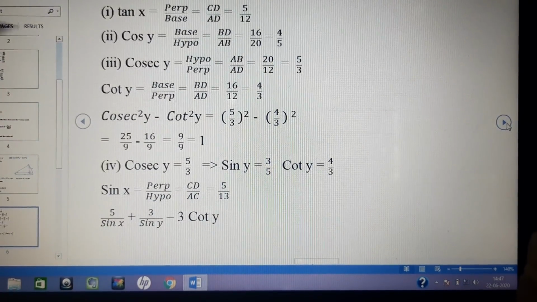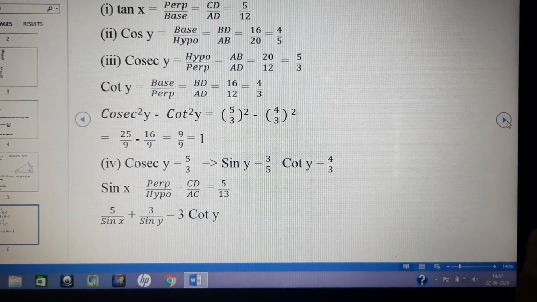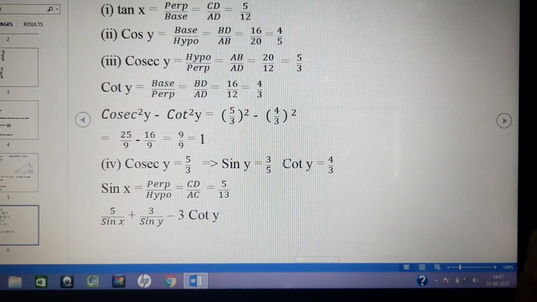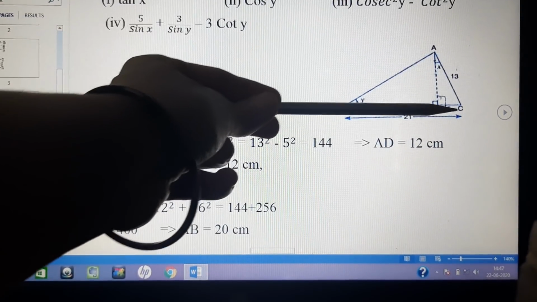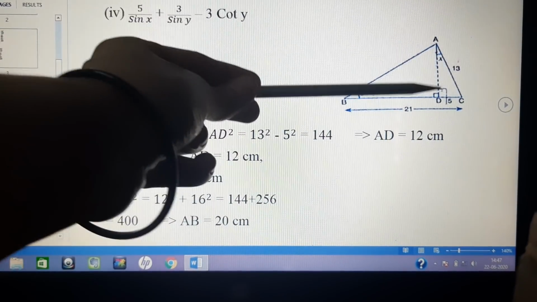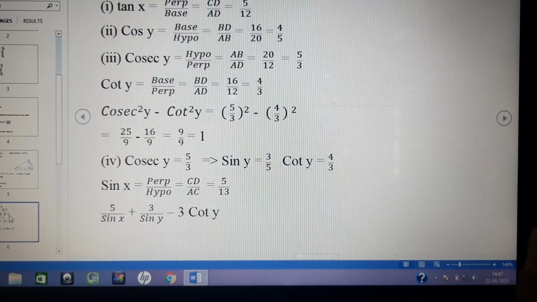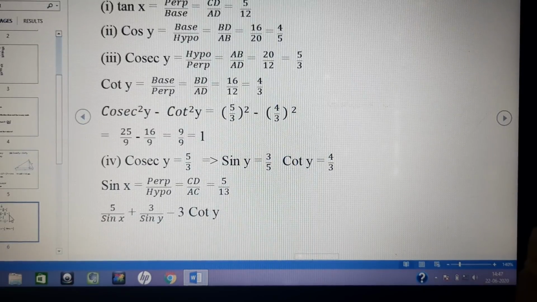Clear? So tan x will be equal to perpendicular upon base. That means CD upon AD. Perpendicular is CD and base is AD. So CD upon AD, 5 upon 12.